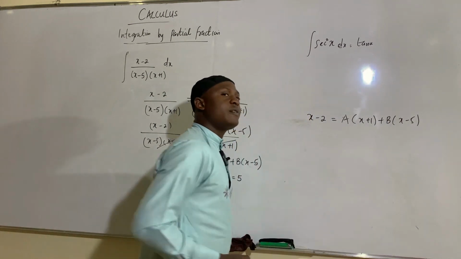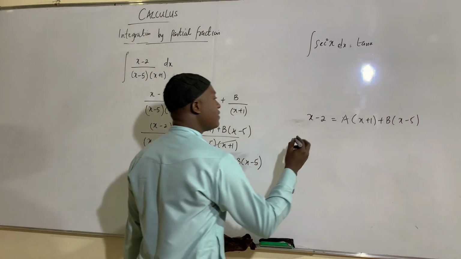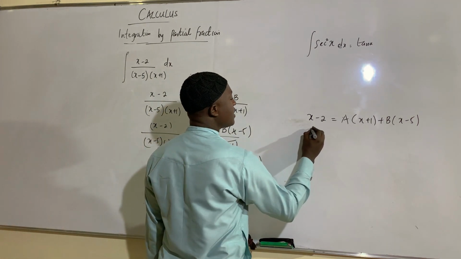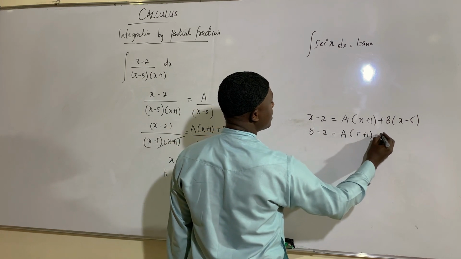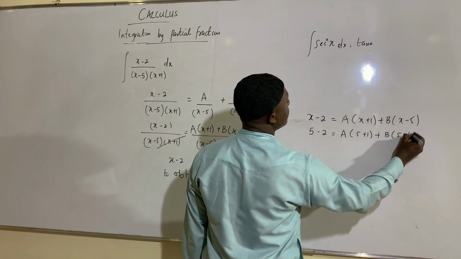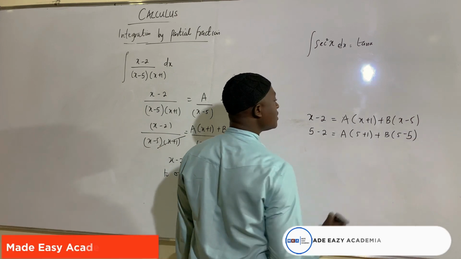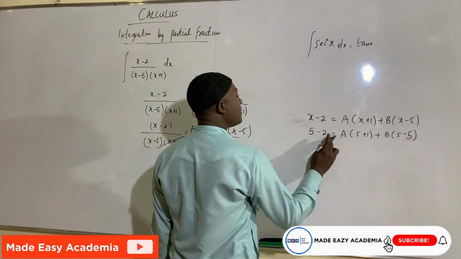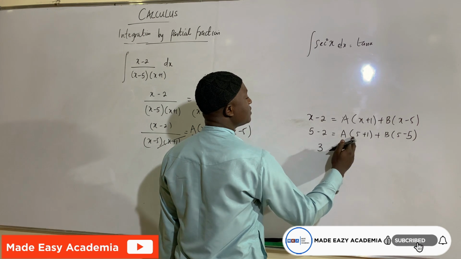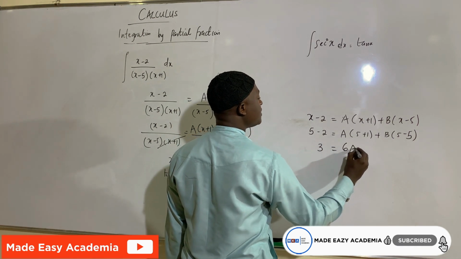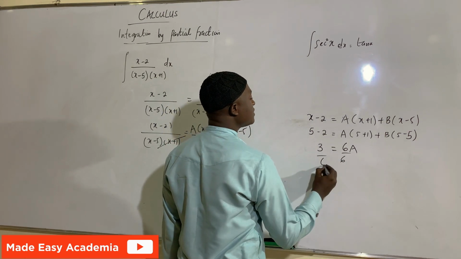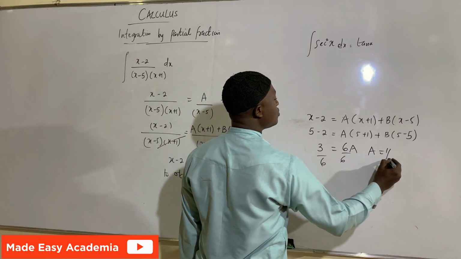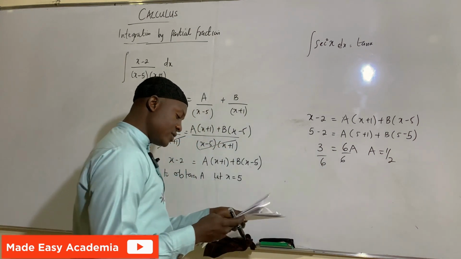Putting x as 5, I have 5 minus 2 is equal to A bracket of 5 plus 1 plus B bracket of 5 minus 5. Are we following? So 5 minus 2 is 3, 5 plus 1 gives 6A, and 5 minus 5 is 0. Divide through by 6, so A is equal to 1 over 2.